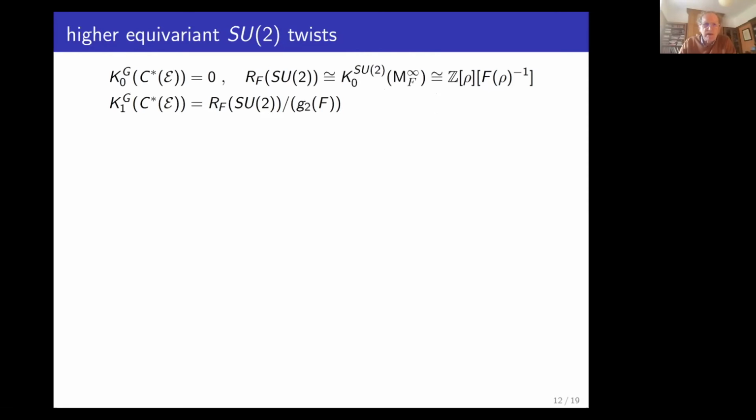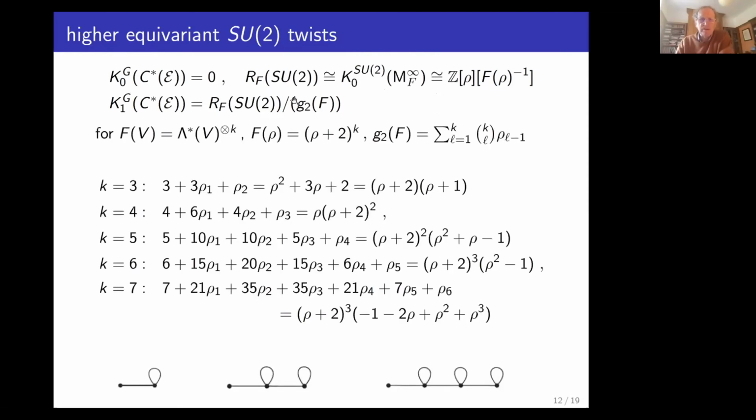So I've written out this for the full twist. I have to take this exotic looking numerator and divide out by the denominators. And I've written out explicitly what these denominators look like in the case of low level.